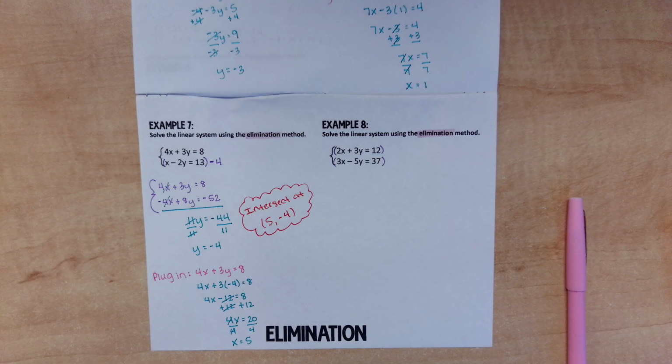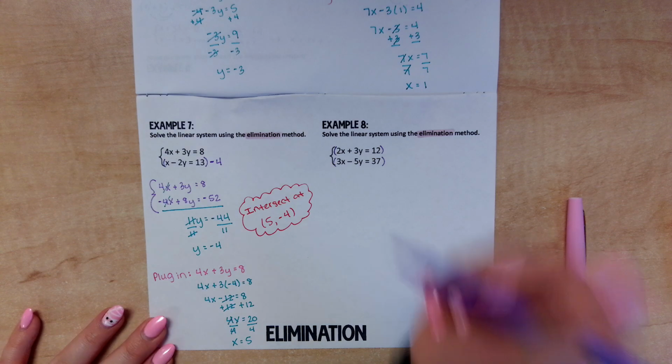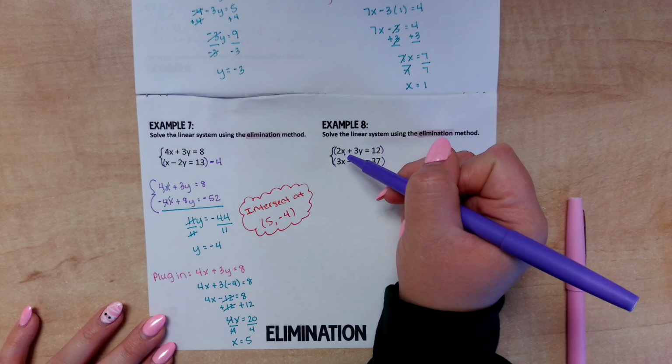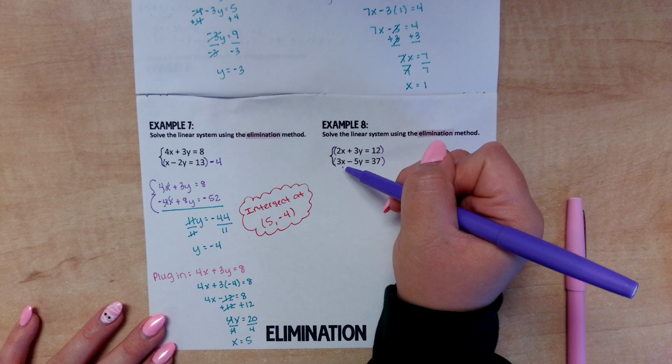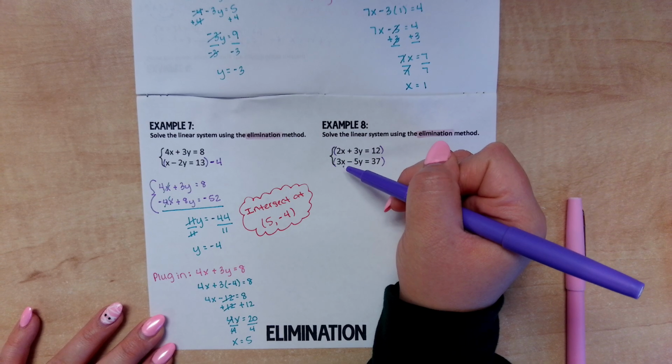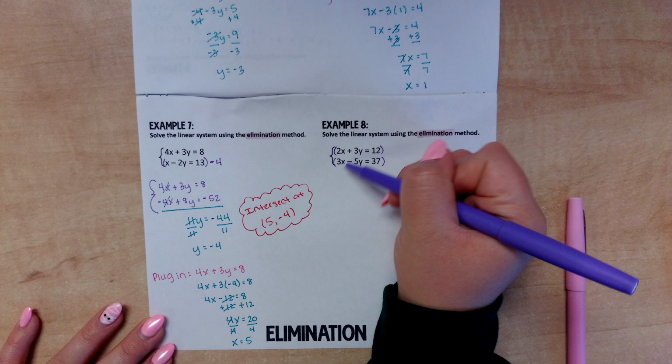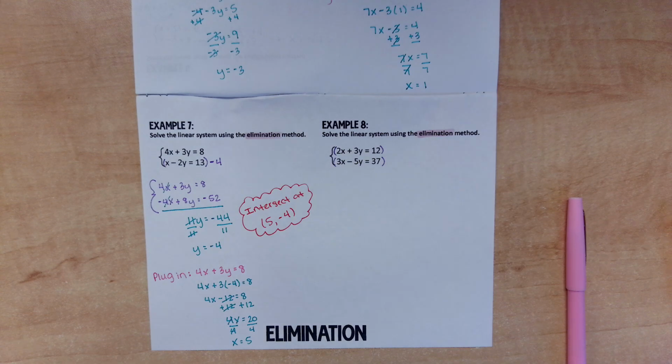So, when I look at 2x plus 3y equals 12 and 3x minus 5y equals 37, I think, which one could I manipulate to have the lowest possible coefficient and that both of them have this number in common? And in my mind, I'm thinking I want to turn this to a 6x and this to a negative 6x because I can cancel out two 6x's if one of them is negative and one of them is positive.